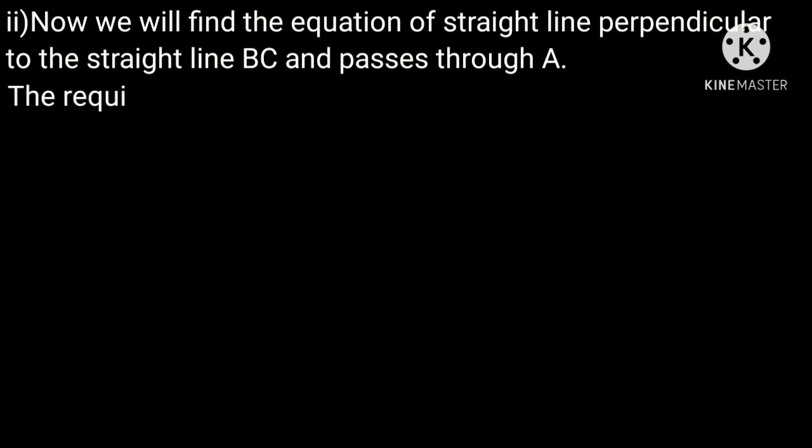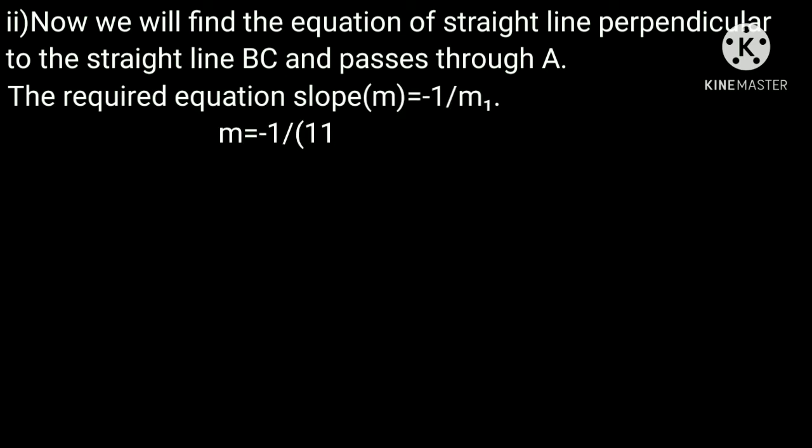Then the required slope m equal to minus 1 by m1. Substituting the m1 value, m equal to minus 1 by 11 by 2. That is m equal to minus 2 by 11.